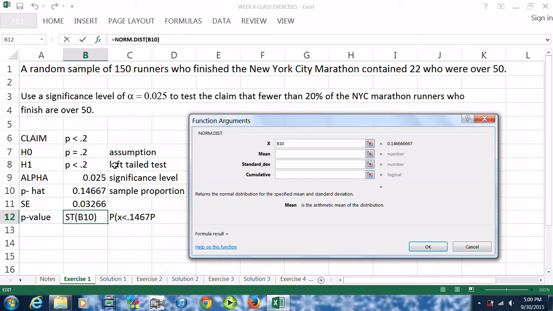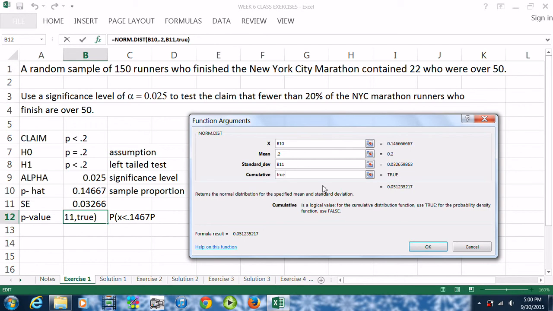And remember, that assumed middle is the value from the null hypothesis, in this case 0.2. The standard deviation of a sampling distribution is the standard error, so for our standard deviation, we use the standard error that we computed earlier. And whenever we find probabilities using norm dist, cumulative is true.